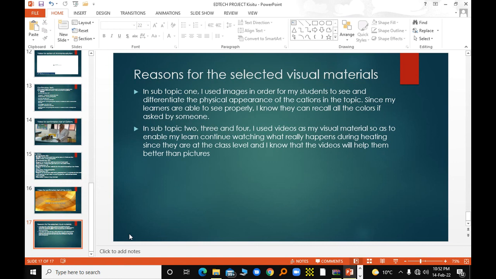Since my learners are able to see properly, I know they can recall all the colors if asked, since they can remember the pictures without them moving, as could happen with a video. In subtopics 2, 3, and 4, I used mostly videos. These videos have been helping my learners to see how everything is made.